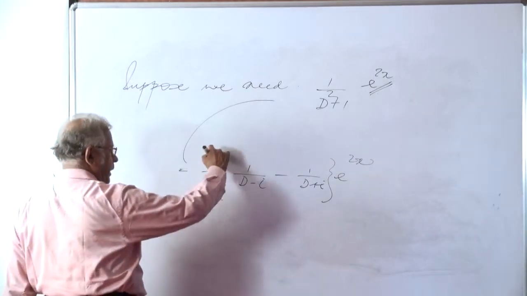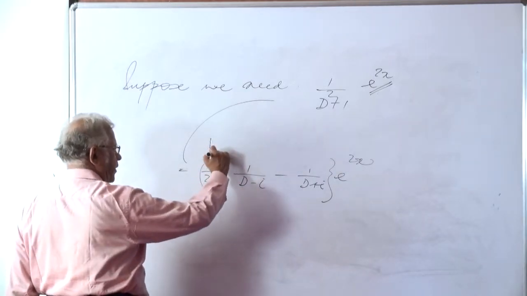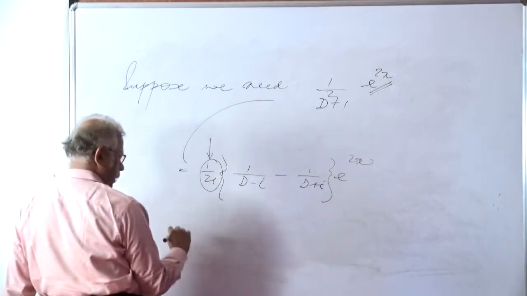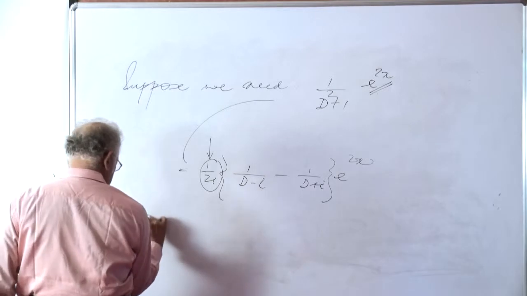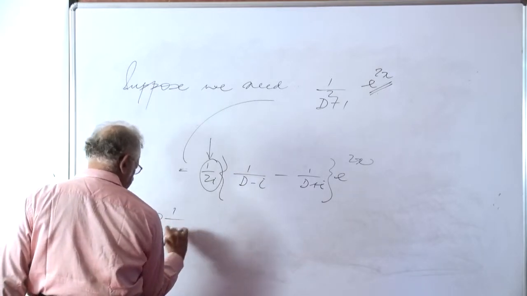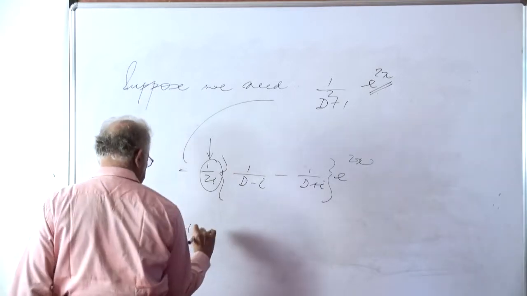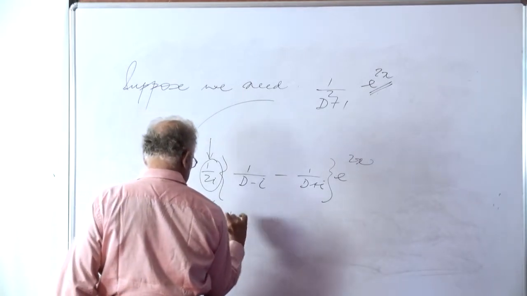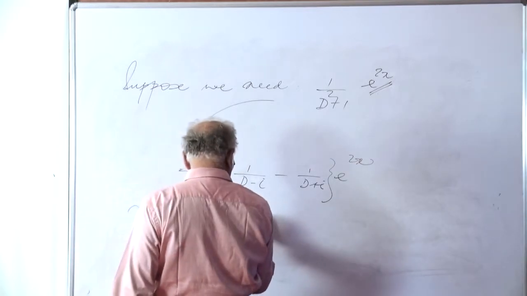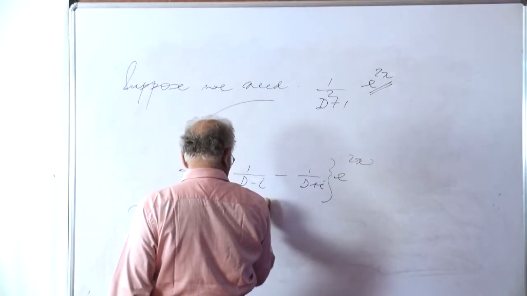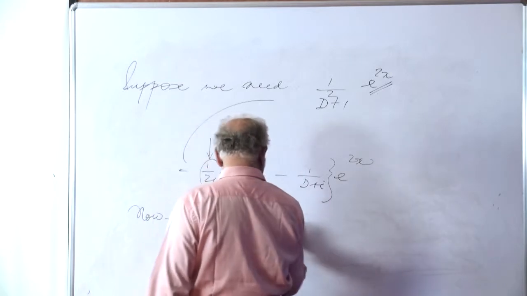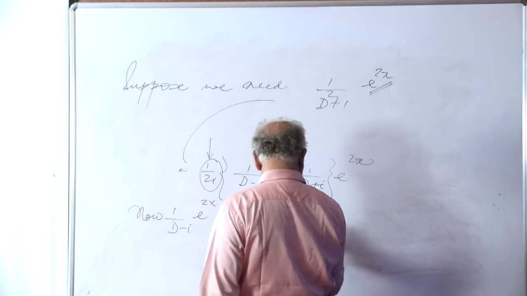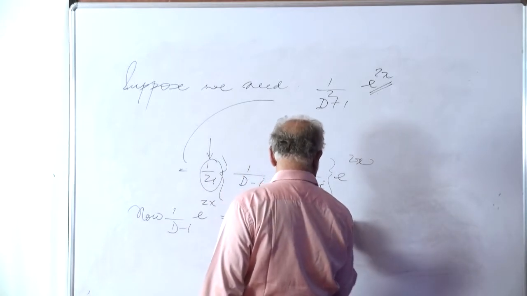So, keeping this ahead of everything, let's first see what is 1 over D minus i operating on e to the power of 2x. 1 over D minus i operating on e to the power of 2x is nothing but e to the power of ix times the integral of e to the power of 2x, this is your capital X, into e to the power of minus ix.